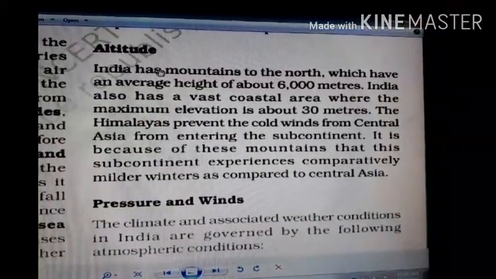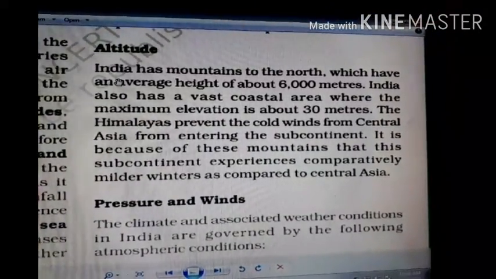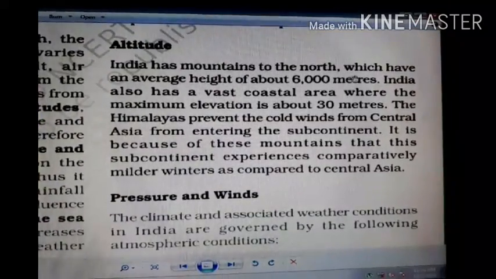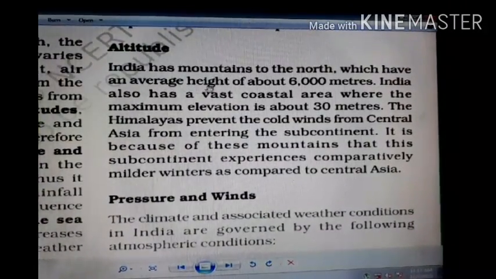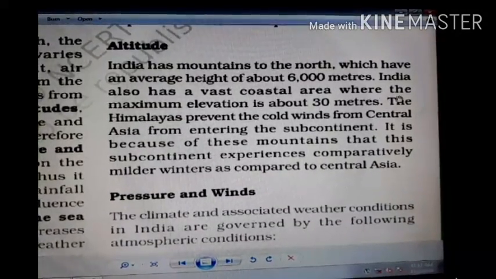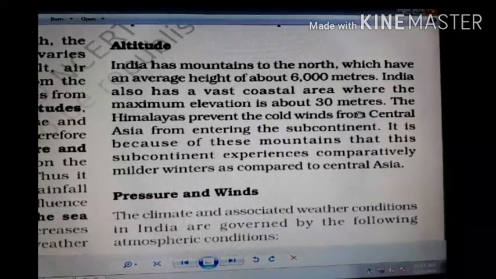The next important factor is altitude. Altitude means height. India has mountains to the north which have an average height of about 6,000 meters, that means 6 kilometers. India also has a vast coastal area where the maximum elevation is about 30 meters.